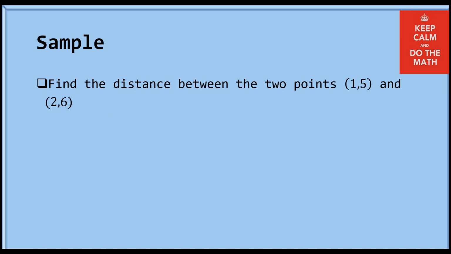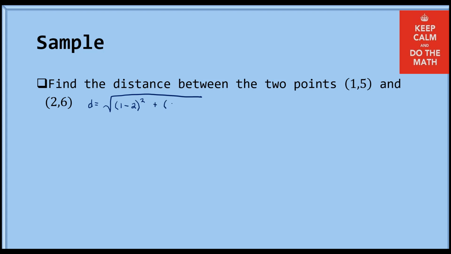So let's actually go through and use the formula to find the distance between the two points (1, 5) and (2, 6). I'm going to start with d equal to my square root sign. I'm going to take the difference in x values, so I start with the point 1 and subtract the x value of the other point, which is 2, and that is squared. I'm going to add to that the difference between the y values.